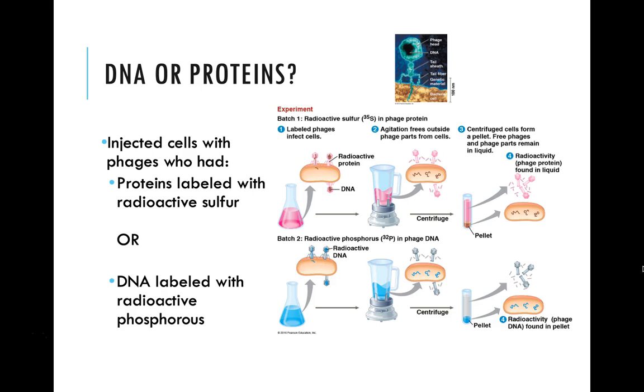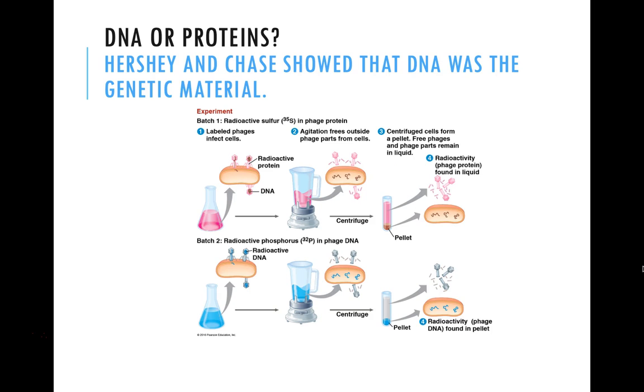They found that the pellet in the bottom, when they spun it really fast and separated everything out, that the radioactive DNA was still in the portion where they expected the cells to be. This was really important because it told them that DNA was the genetic material. DNA was the molecule that those viruses were injecting into the cell that was causing the viral infection.